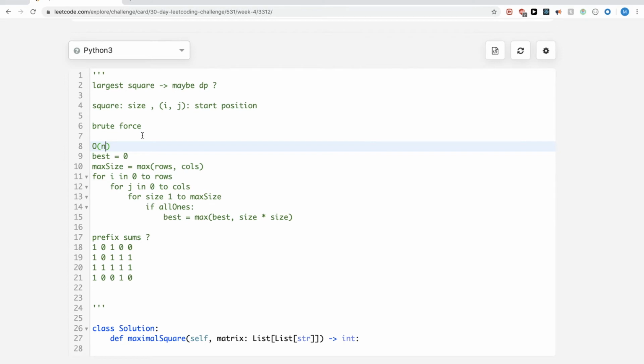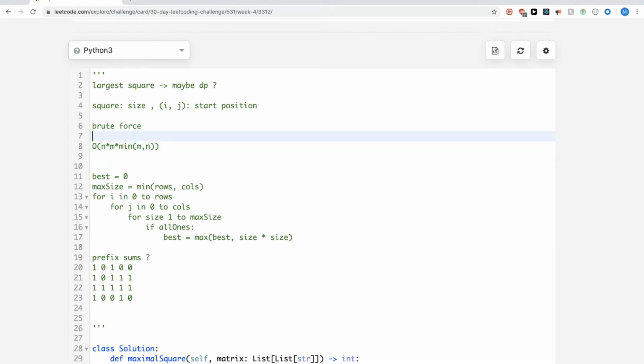And so that leaves us with, if rows were n and columns were m, min of m and n here, which would be better than what we had with the brute force, which was O of m n multiplied by the min here, right?